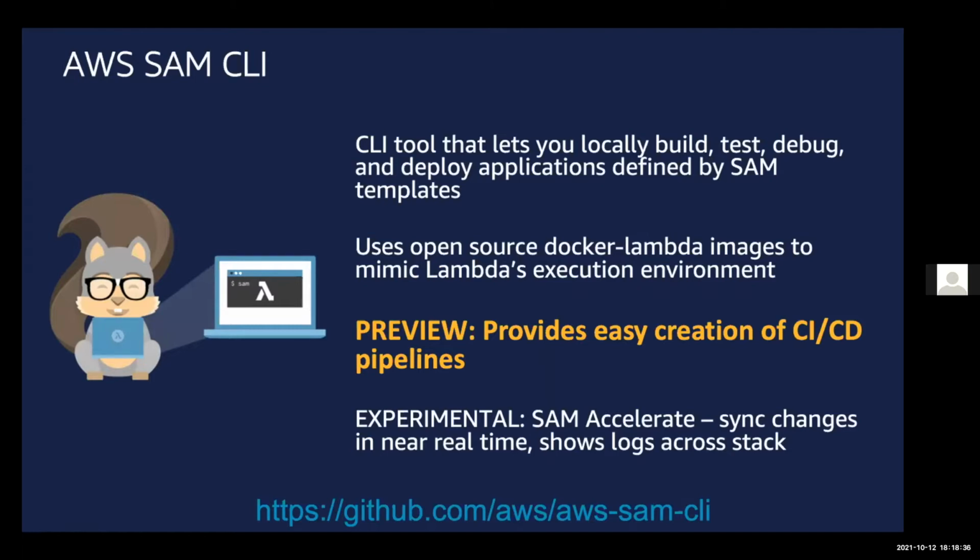The other part is the SAM CLI, which is your tool that lets you locally build, test, debug, and deploy applications using the SAM template. So you can create a local execution environment, like a Lambda emulated local execution environment, where you can really quickly iterate through your changes locally without any connections into the AWS cloud.